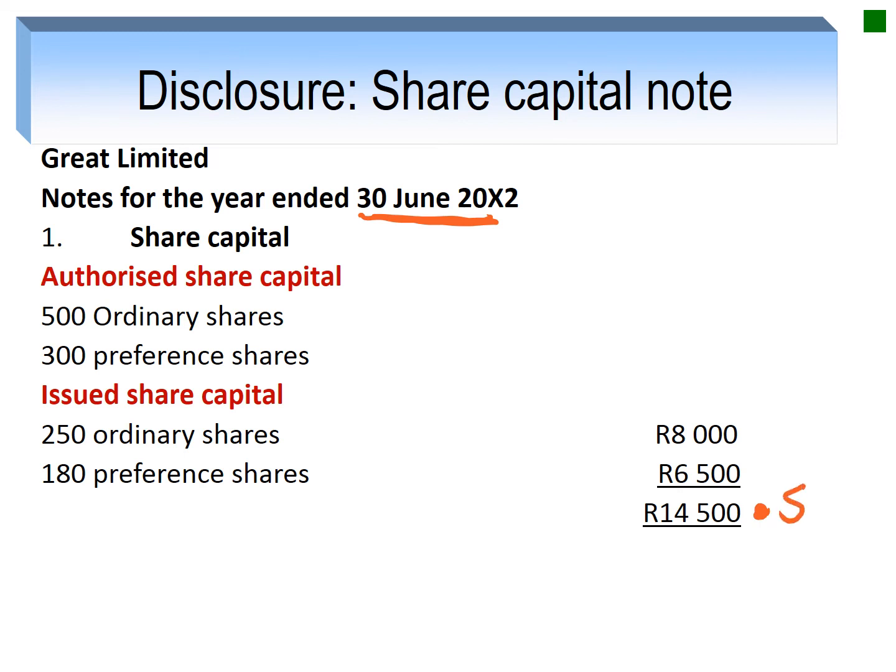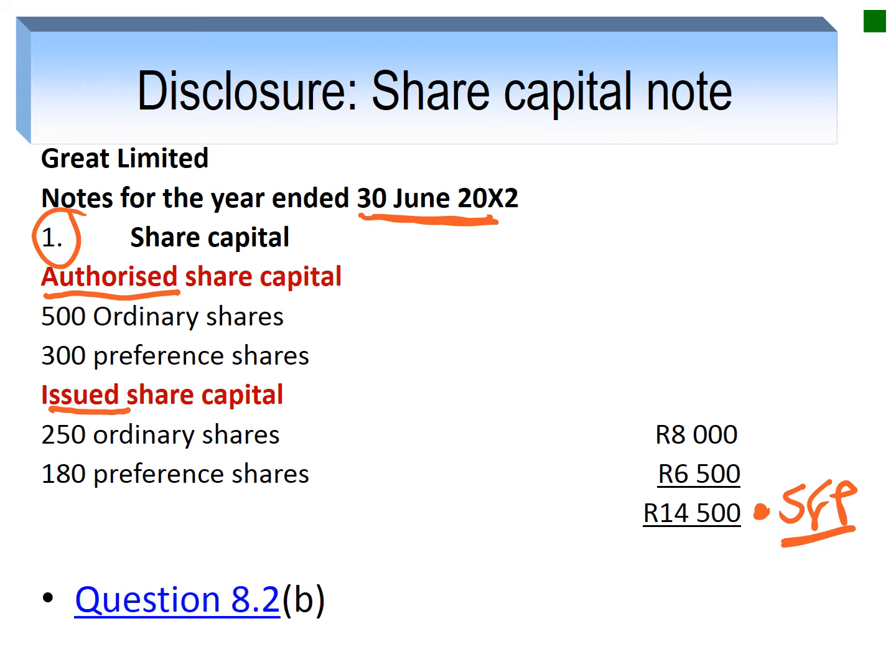This amount we will put onto the statement of financial position, but on the statement of financial position we would refer this to a note, and this is note 1 here, where we have to first show how much is authorized of share capital and how much has been issued. So this format that you see here is something that you have to learn. This is the format for the note for share capital.